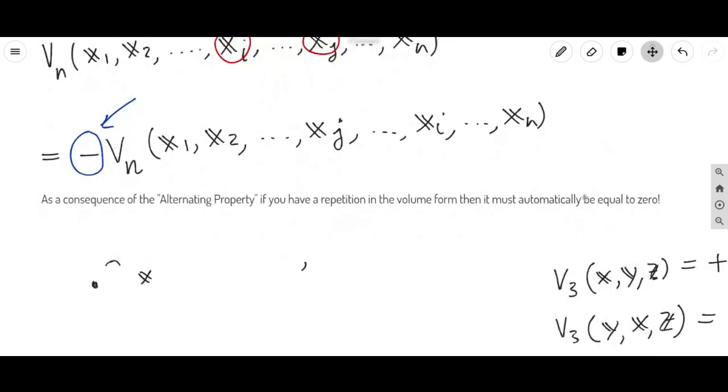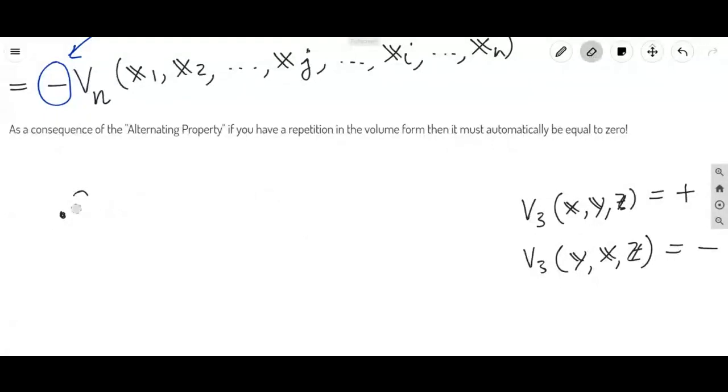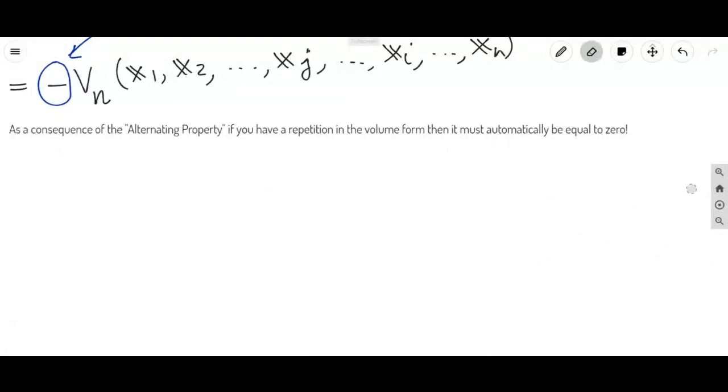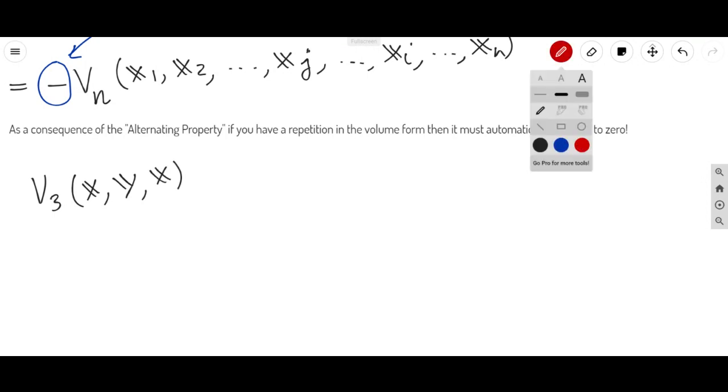So what are we saying about this? Now you can see this both algebraically and geometrically at the same time. So for instance, let's say you want to find V3 of x, y, x, like this. So you have a repetition. That's what we mean by a repetition. There's a repetition in the volume.